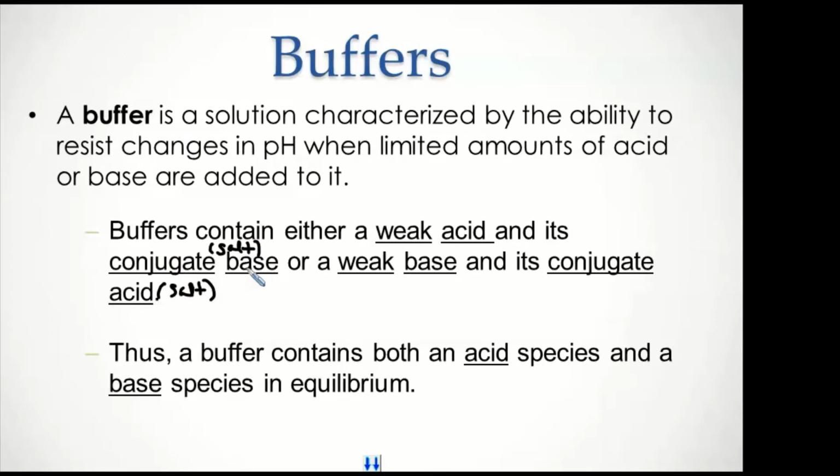And so a buffer doesn't want to change pH. It's kind of trying to stay within a certain range. We have different buffers. We have things that will buffer around 7. So if we're buffering around 7, it will always try to stay really close to 7. I have pH buffers of around 4. It's always going to try to keep the pH really close to 4. And different organisms live in different environments, and that's why buffers are important. You have buffers in your body, and different organs in your body require your pH to be at different levels.